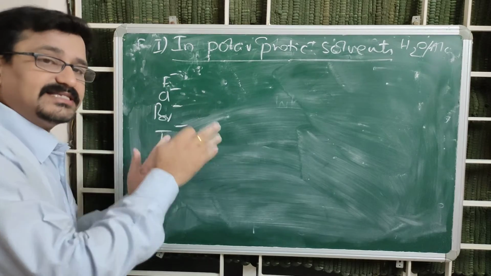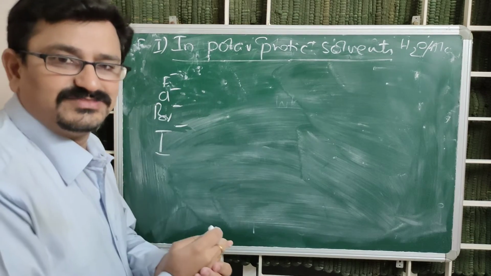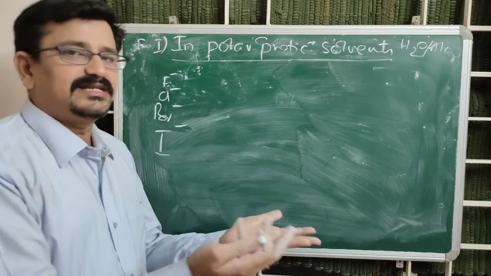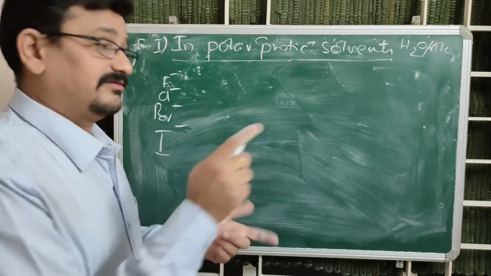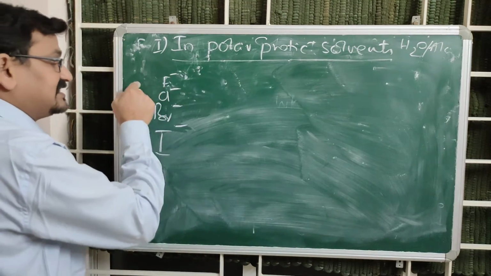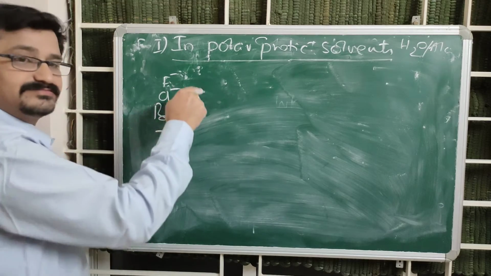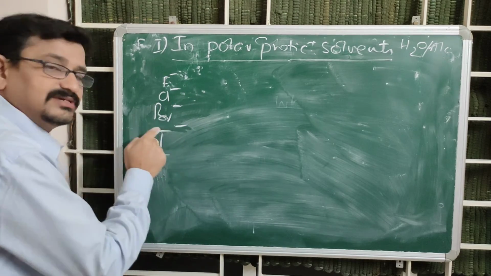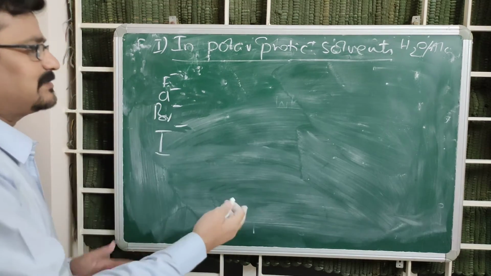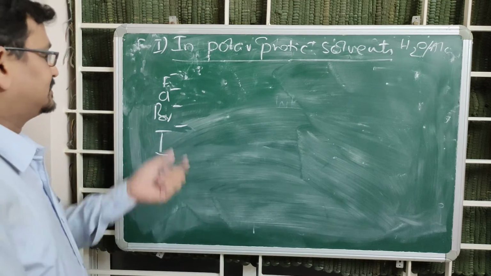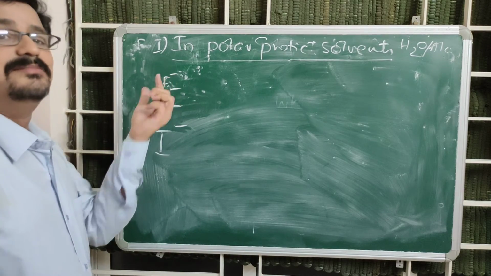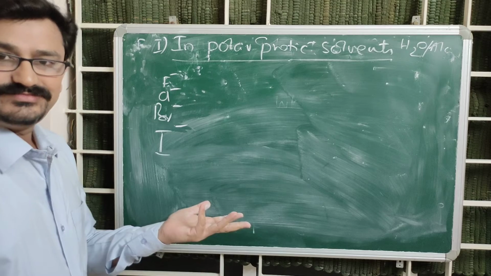Here, we need to consider the concept of solvation. If water is the solvent, it is called hydration, where the solvent molecules will surround these ions. Another point we have already learned is, the smaller the size of the ion, the more the solvation.